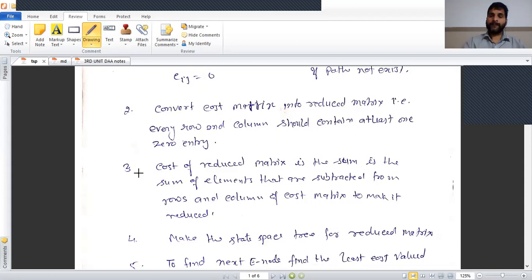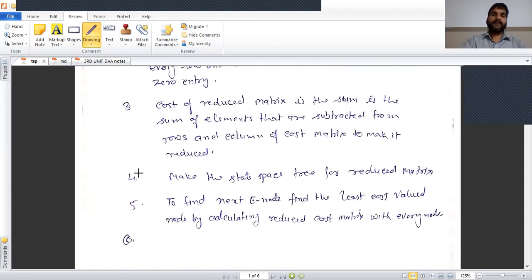Very important point. Now the next step for solving the TSP: make the state space tree for the reduced matrix.